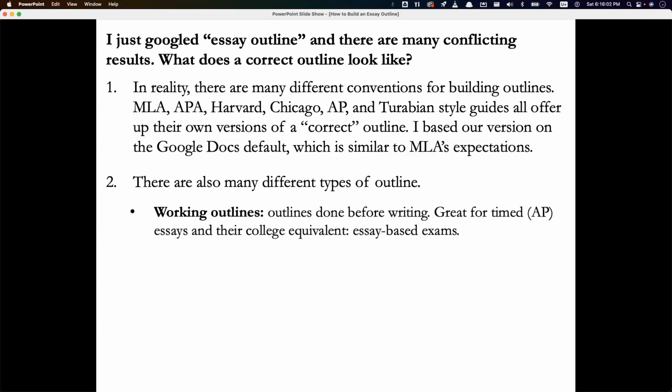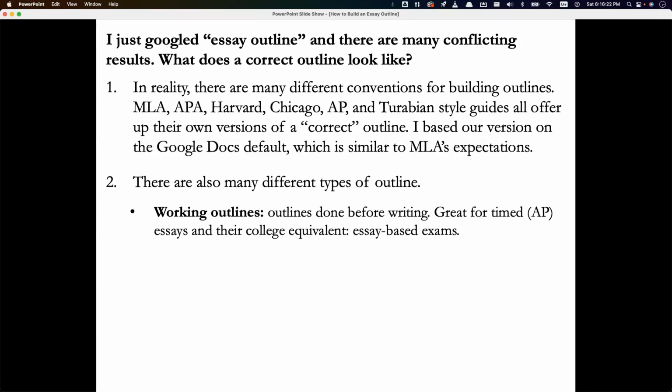There are working outlines. Working outlines are going to be the most common kind here in this class, and those are outlines done before writing. Working outlines are great for timed essays, like what you see in AP English Language and AP English Literature.